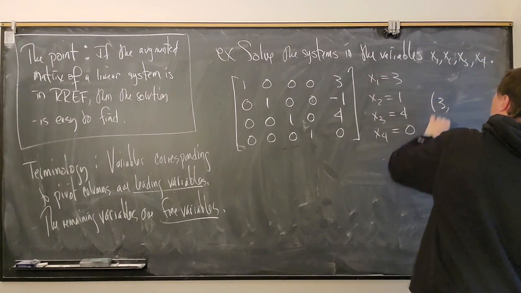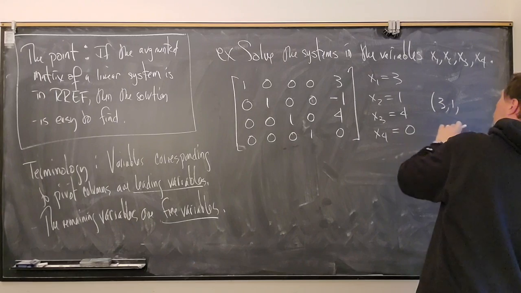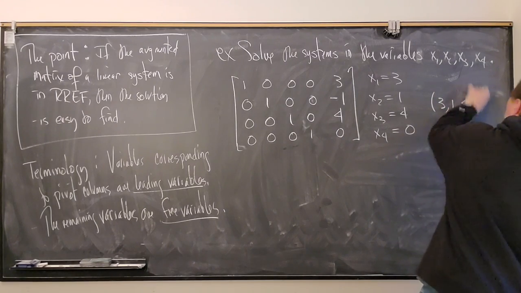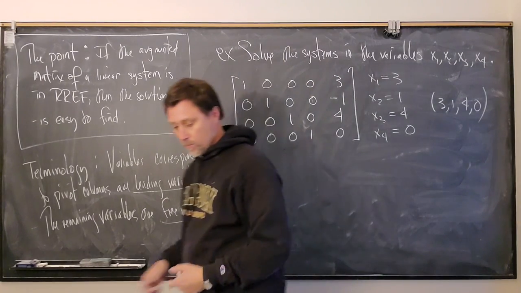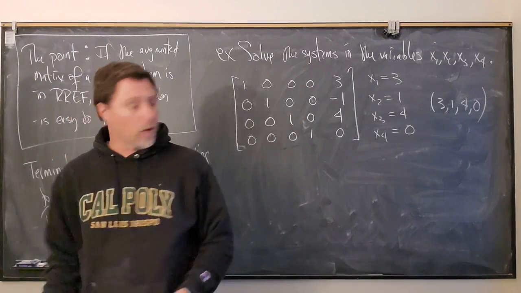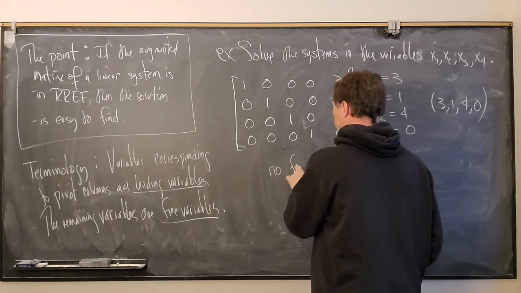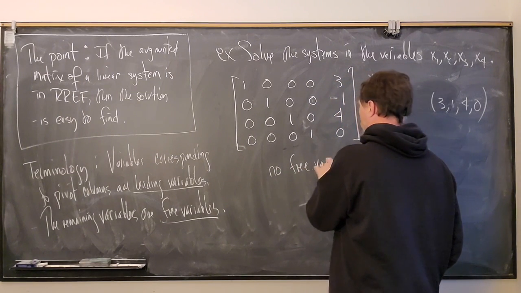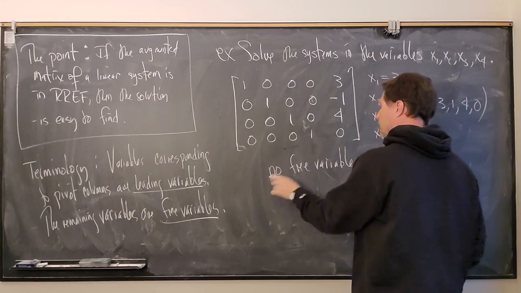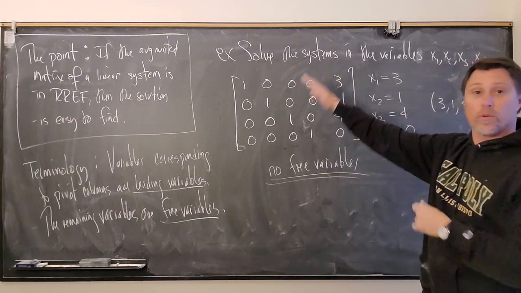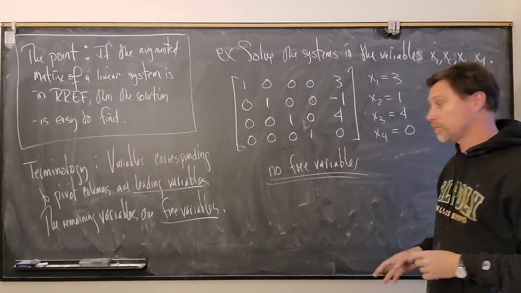Written in ordered tuple notation, it would be 3, -1, 4, 0. Okay, so there's the first example. And notice, in this case there were no free variables, so we ended up with a unique solution, exactly one solution.